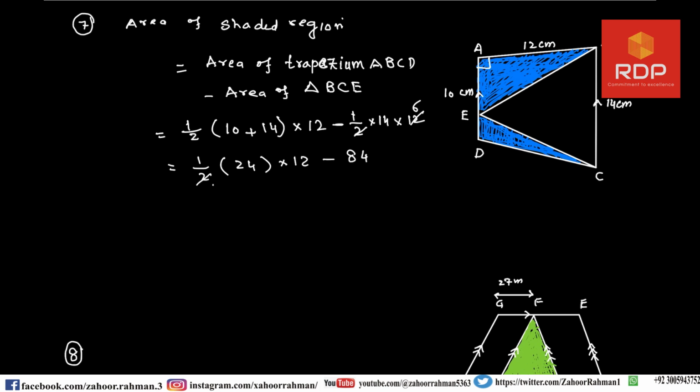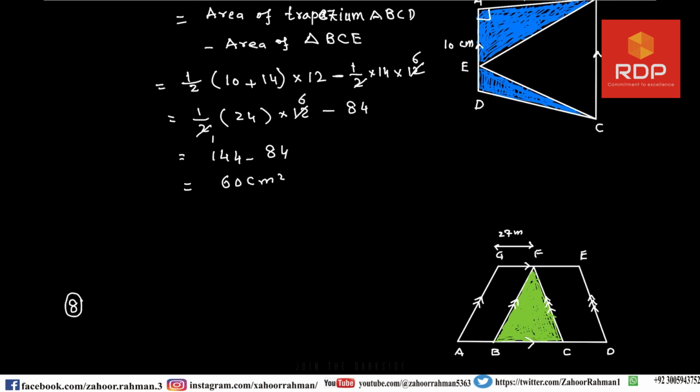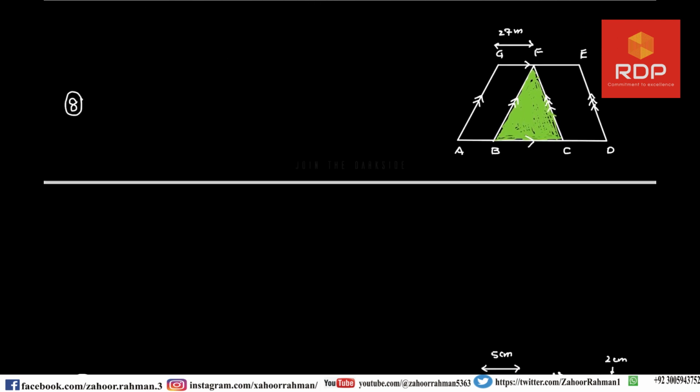Then we are having 144 minus 84, and that will be equal to 60 centimeter square. So that is the whole story about question number 7.